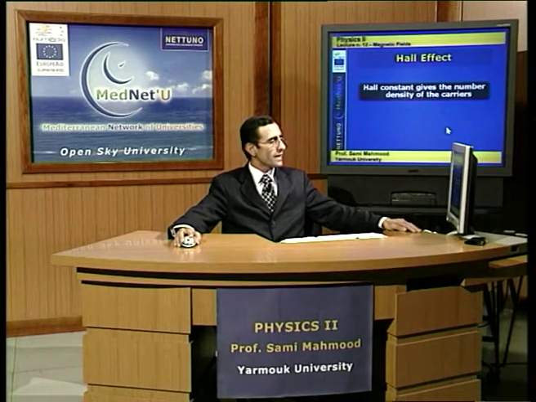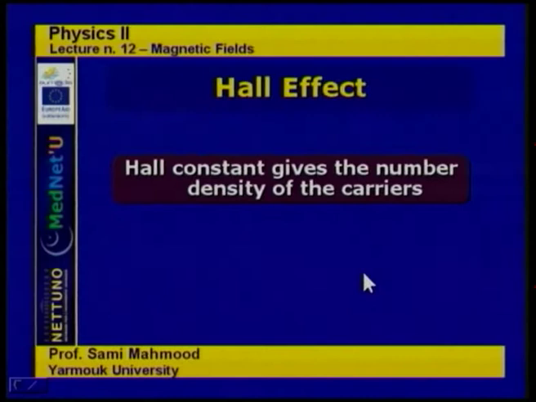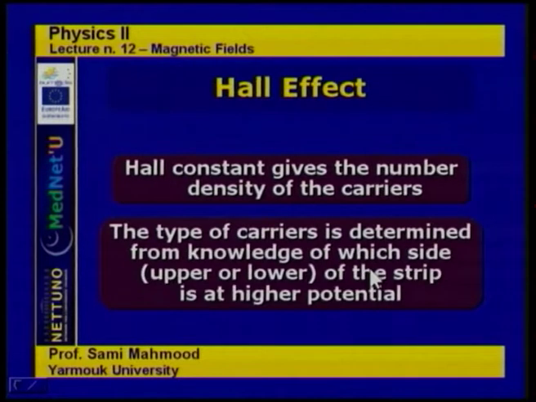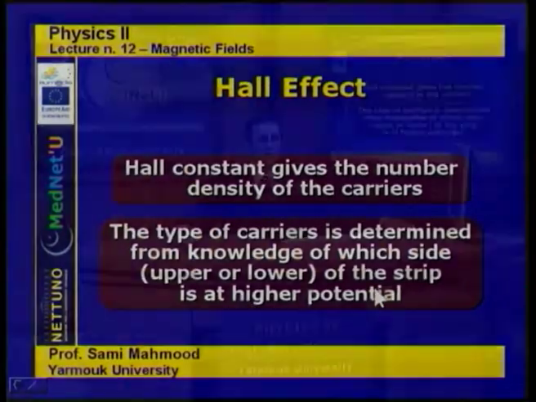So the analysis of this experiment and the determination of the Hall constant gives the number density, and the type of carriers in the conductor is determined from knowledge of which side, whether the upper or the lower side of the strip of metal, is at a higher potential.